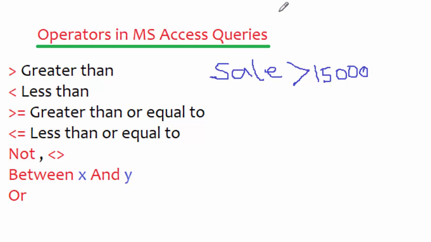And the other one is what we call the less than sign. The less than sign is applied just like the greater than sign, except that now it will give us values less than a certain value you have specified.